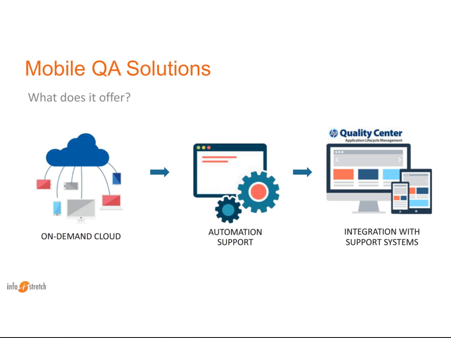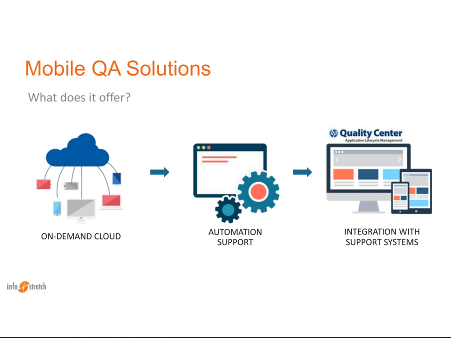So what are the different factors which are important to select those cloud-based tools? As I said, on-demand cloud, automation support, and integration with the support systems, which is basically the existing system. The automation support is a very important aspect.